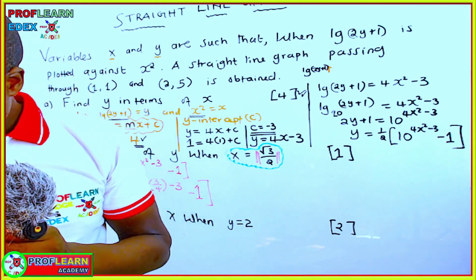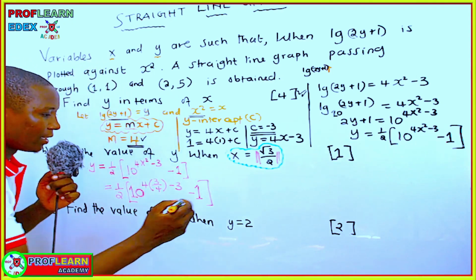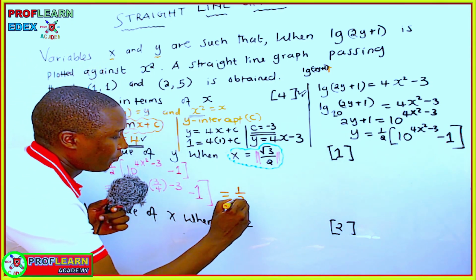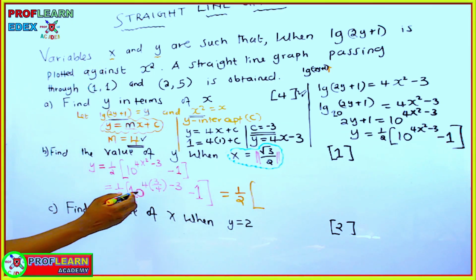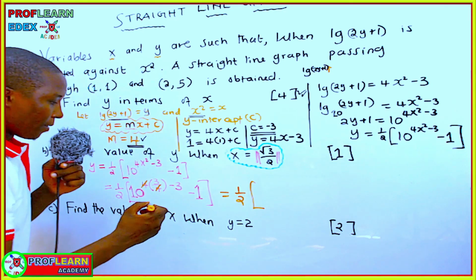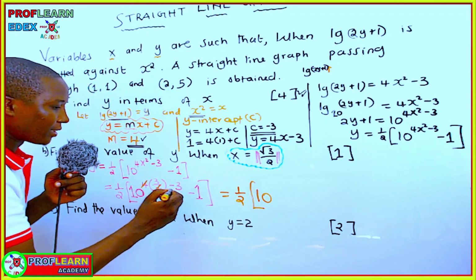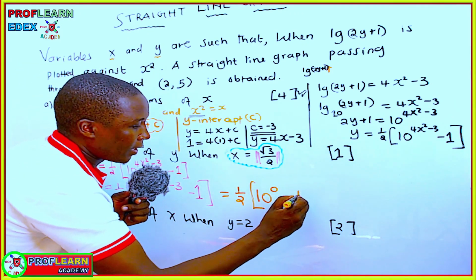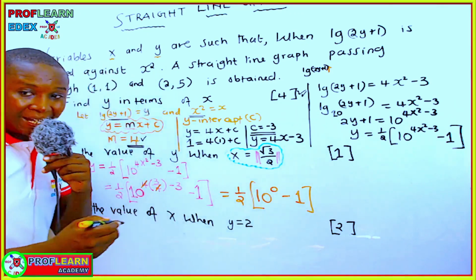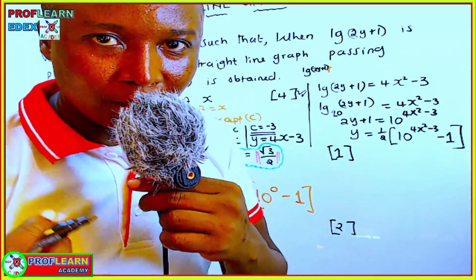So if we try to work this out, I can see that we are going to have 1 over 2 into bracket. The 4 and 4 will cancel out, and then we remain with 10 raised to 3 minus 3, which is 0, then minus 1.